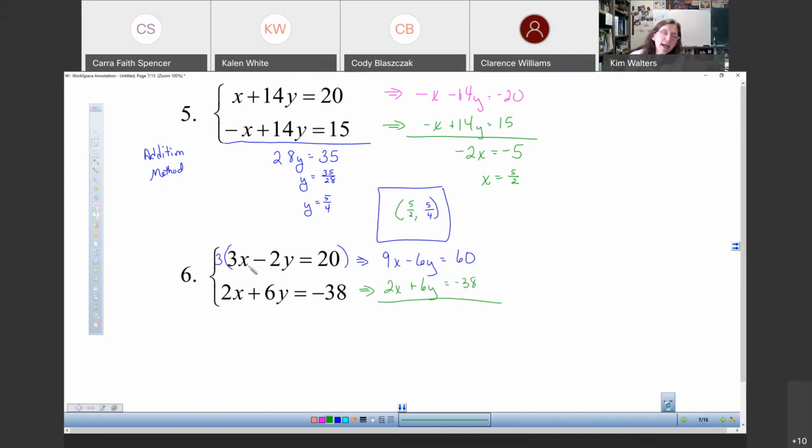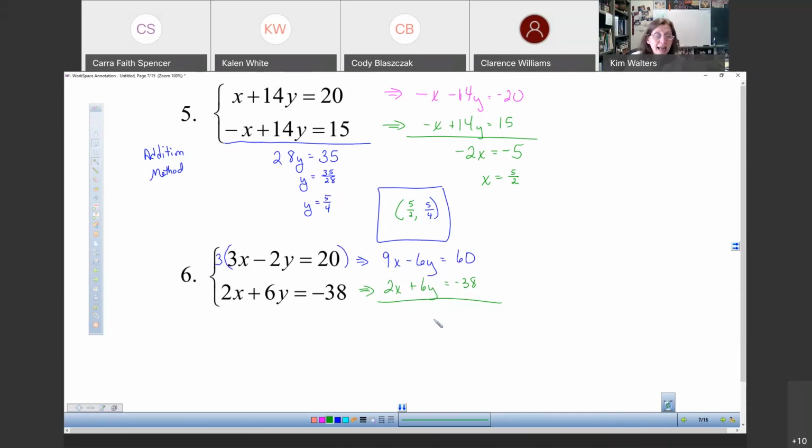Now, just backtrack for a second, because I had a couple of people tell me negative 3. If I multiplied this one by a negative 3, the only problem is that I have this positive 6y. And so then I would have to multiply this equation by a negative, so I had a positive and a negative. Because I have two different signs here, it just makes sense to multiply this one by the positive.